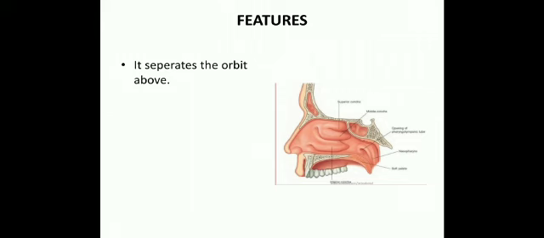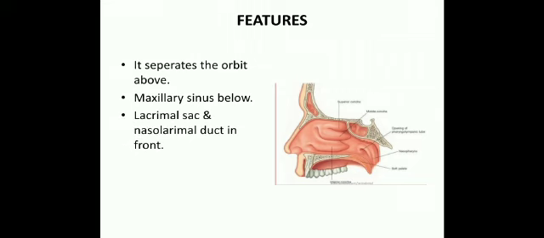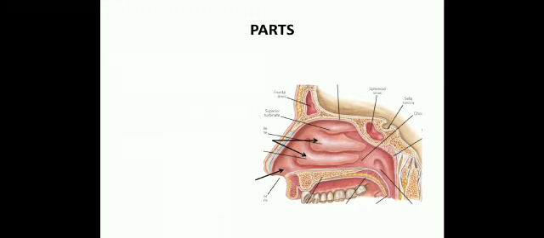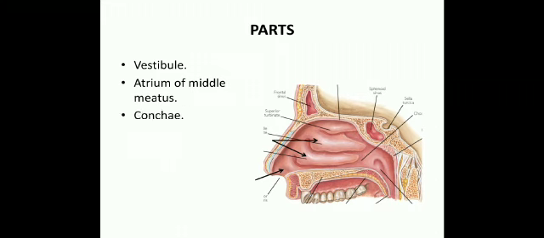It separates the orbit above, maxillary sinus below, and lacrimal sacs and nasolacrimal duct in front, and it has the following parts: the vestibule, the atrium of the middle meatus, the conchae in the posterior aspect, and the meatuses.